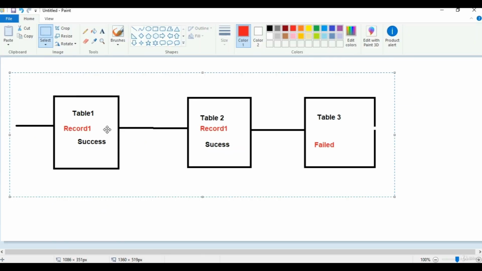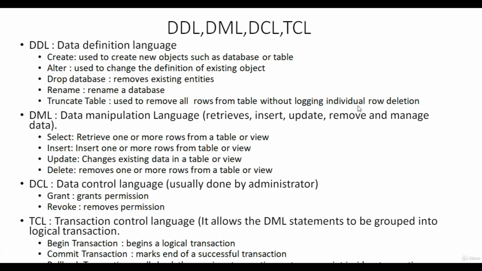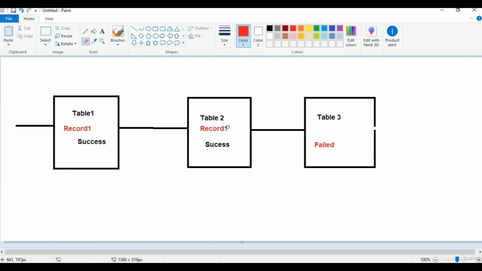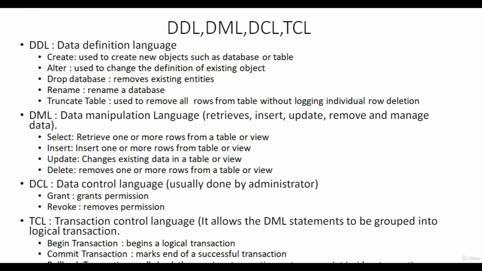Once we commit, it will commit the records into all three tables. If we roll back, it will take out all the data from all these tables. Once that particular transaction has failed, it rolls back to its original state. So that is how transaction control language works.